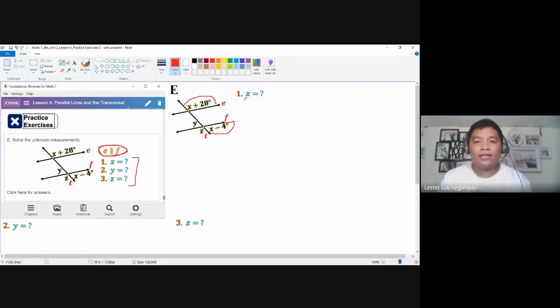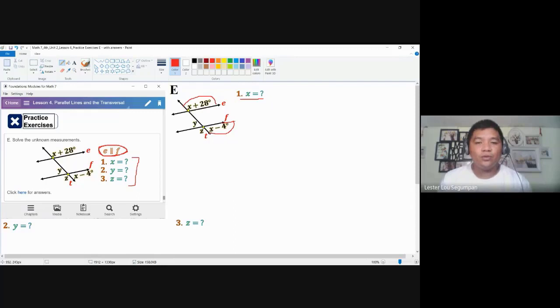Take note that in number 1, we are solving for the value for the variable x, and we can only use an equation dealing with a variable x. If we're going to relate this angle with angle z or angle y, we might come up with an equation having two variables and that would cause us confusion and give us more trouble in solving the variables.